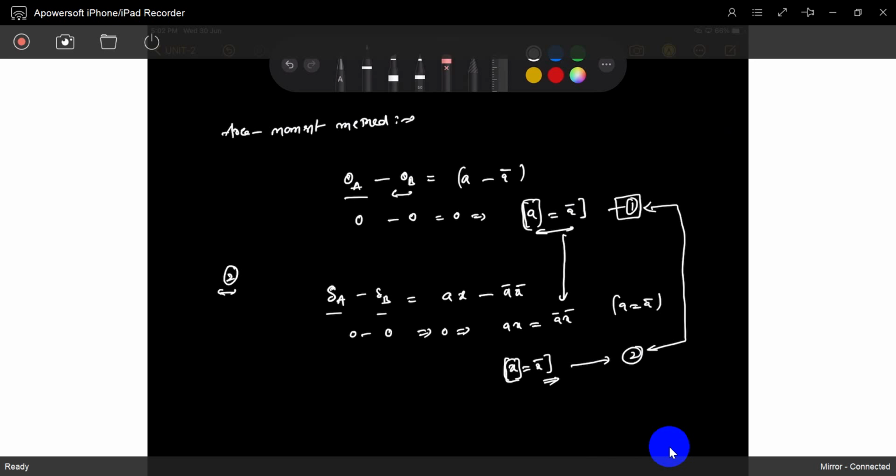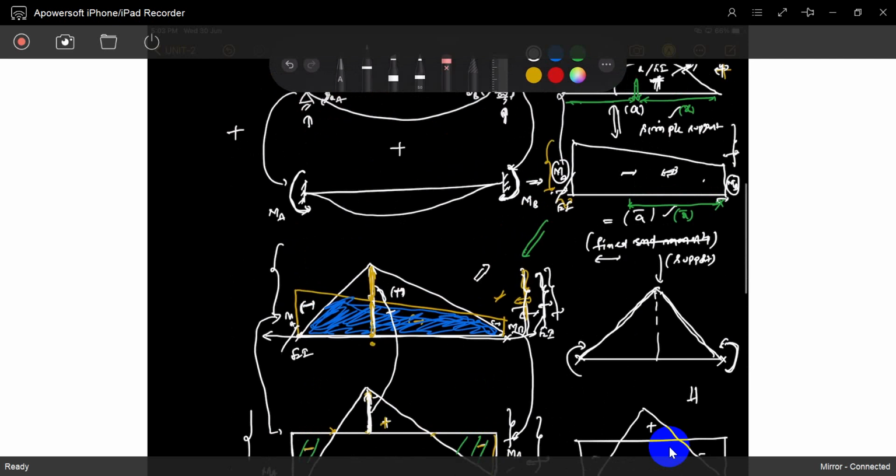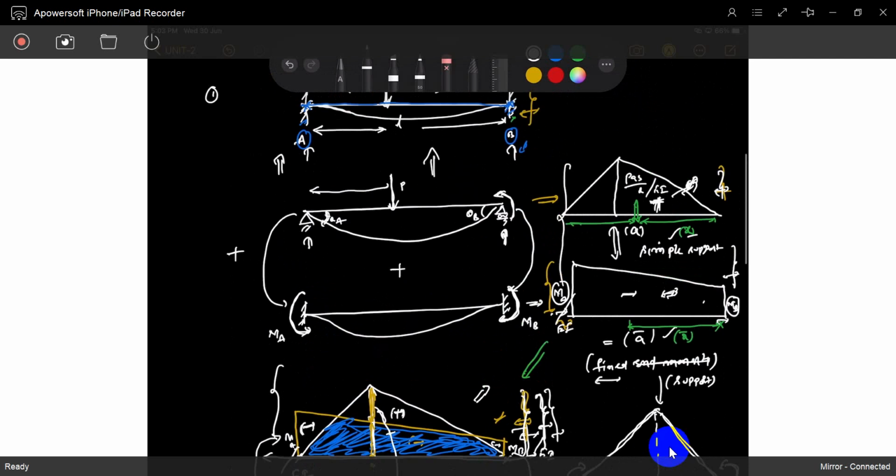Both are equal. These are the two equations. This x is equal to x dash, and this A is equal to A dash. That is the extra two equations.